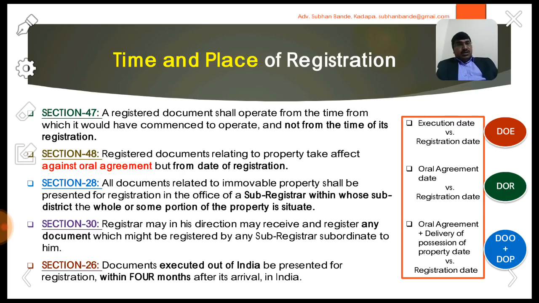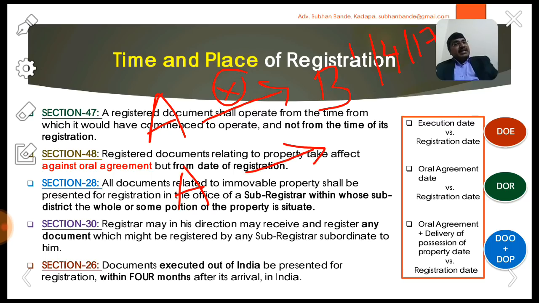That is, Mr. A executed a sale deed in favor of Mr. B on 1st April 2017 with regard to some property, that is property X. Mr. A again executed a sale deed in favor of C with regard to the same property, that is X, on 2nd May 2017.